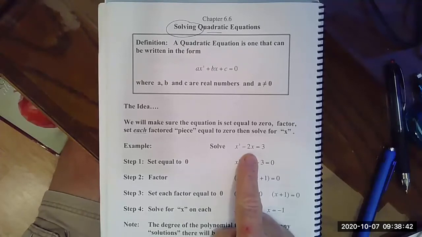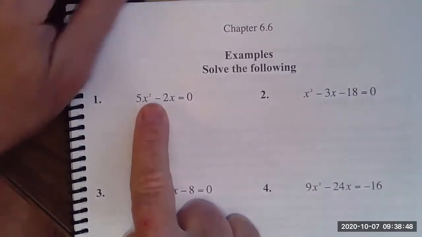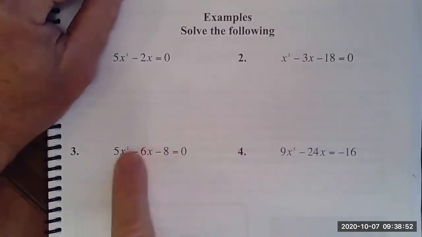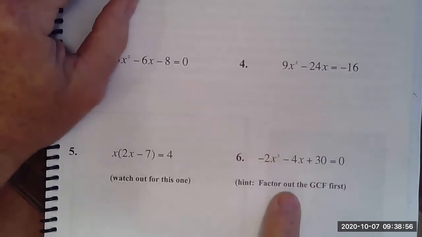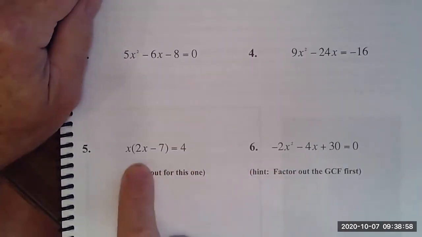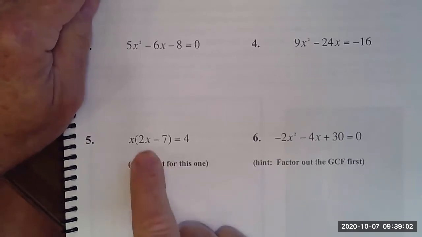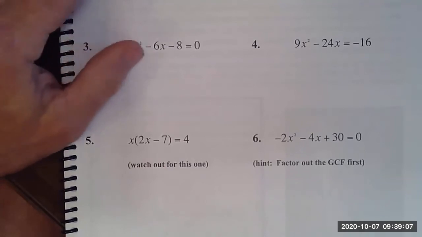Highest degree is 2. Is that a degree 2 polynomial? Yes. Degree 2, yes. This is kind of a weird one, but if you FOILed it or distributed it, would it be degree 2 highest? Yes. So they're all degree 2.